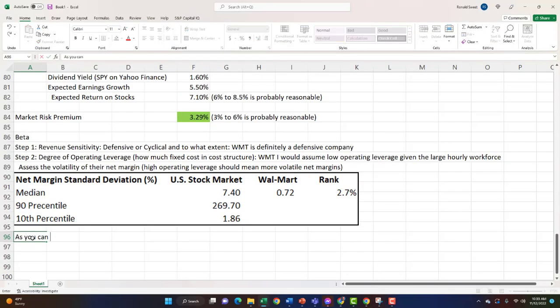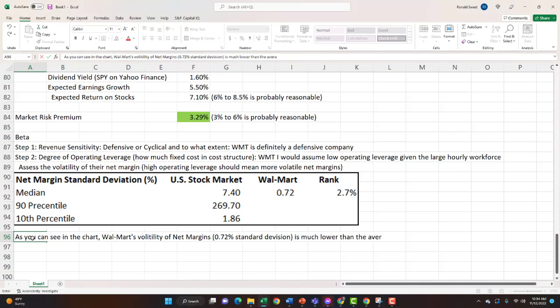As you can see in the chart, Walmart's volatility of net margins, 0.72% standard deviation, is much lower than the average stock in the market, 7.40% standard deviation.